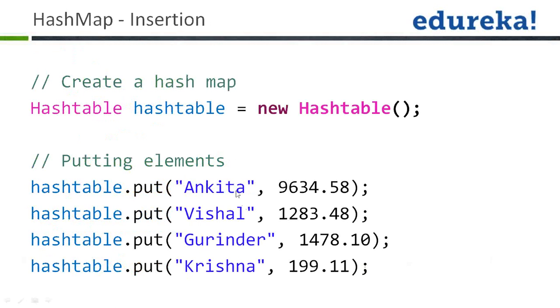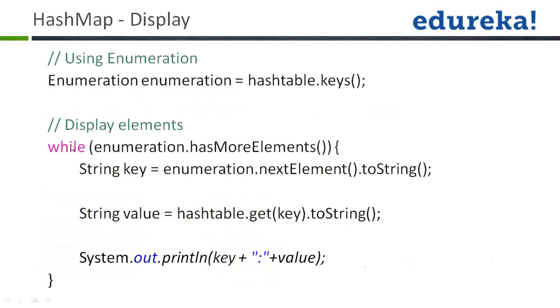Okay. How to insert the values into the hash table now? You write Hashtable equal to new Hashtable. You use put and pass the key and value pairs, that is Ankita, Vishal, Gurinder, Krishna, as you did in the hash map. Now to display the values, I'm using enumeration this time. Iterator could also have been used.